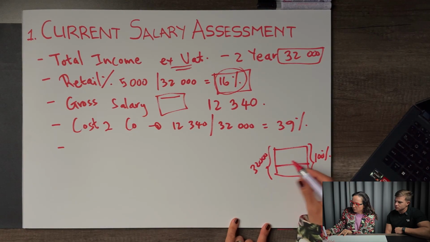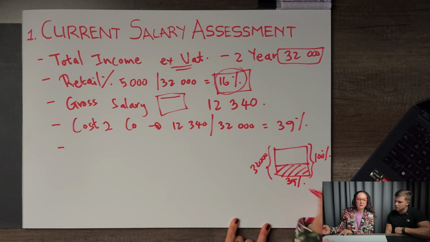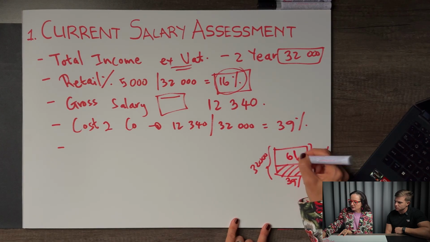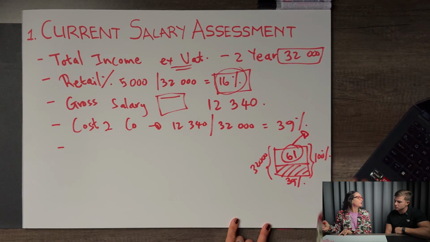Then what you paid her, that gross salary, this portion is 39%. So basically, of the money that she brought in, you had to pay 39 Rand for every 100 Rand that she brought in, and the business then had 61 Rand left to pay all its other expenses. All right. So that is the cost to company, the 39%.